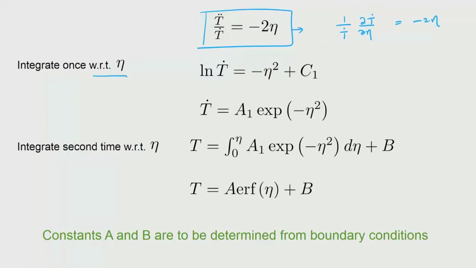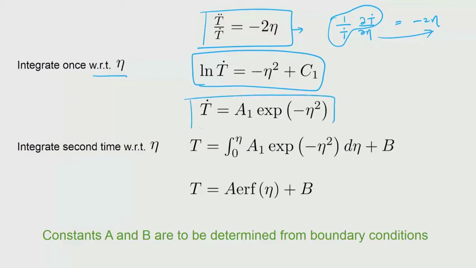So, which means that when you integrate, then this part would actually give you logarithm, and this when you take it to other side, it becomes eta square, okay, with a minus sign. So, that is what we write as a solution here. And of course, we exponent on the both sides, and we can write the T dot as this expression, and we have an integration constant c1. So, when we exponent, it becomes e raised to the power of c1. So, that we call as a1.